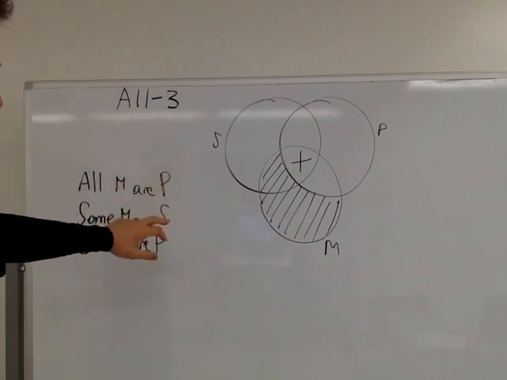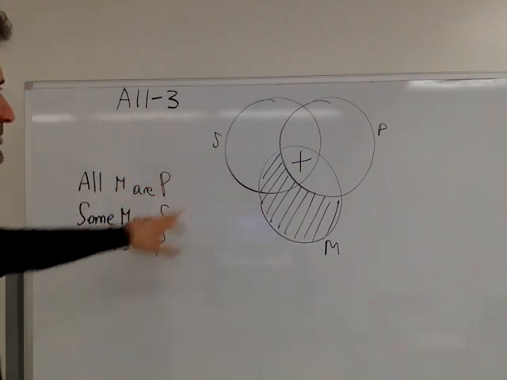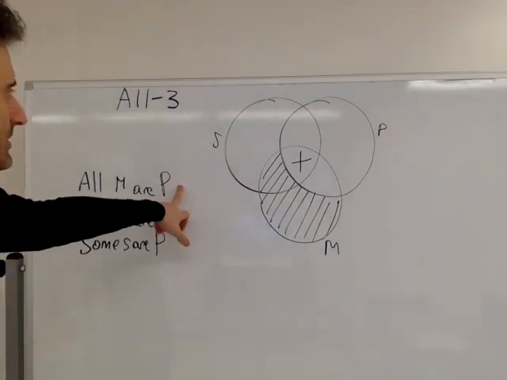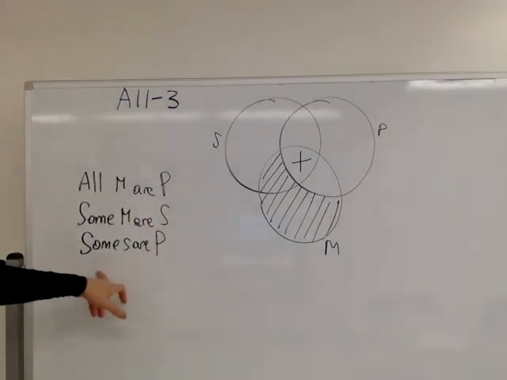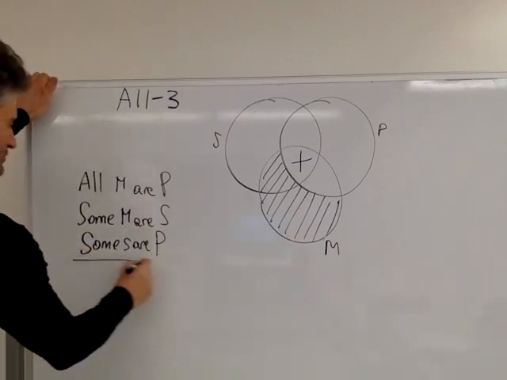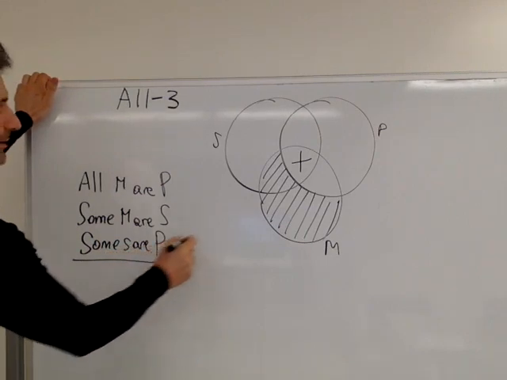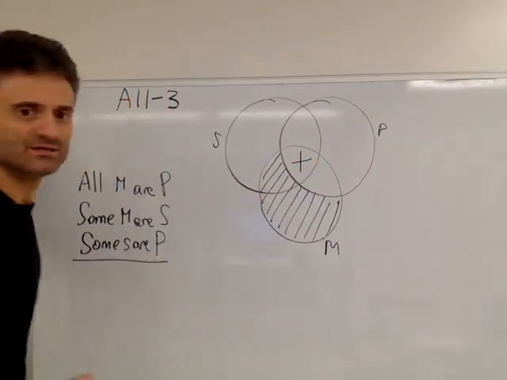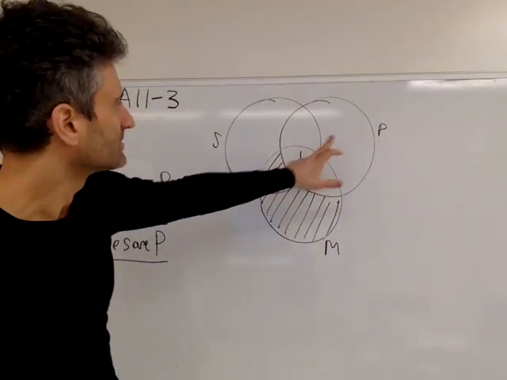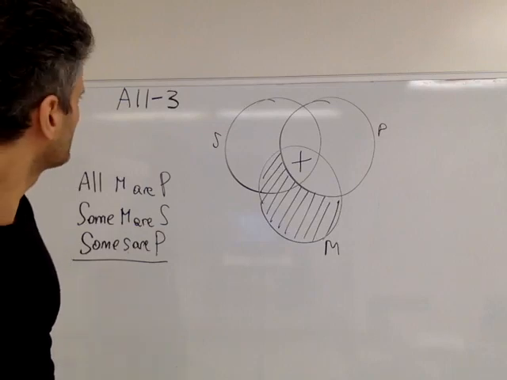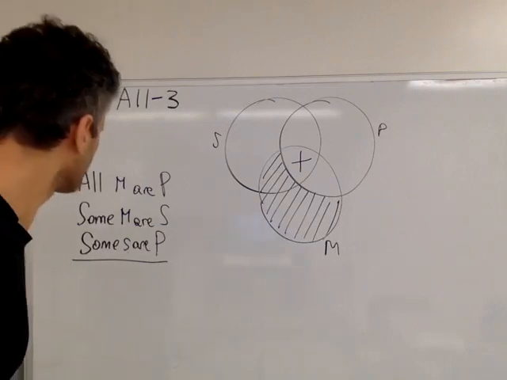As a result of my diagram of the premises, finally I get a valid argument, because the conclusion says some S are P. And that's exactly what I read: some S are P. Okay?